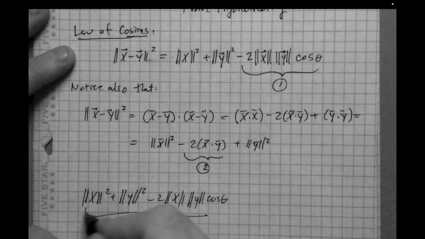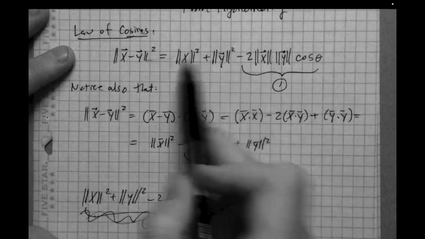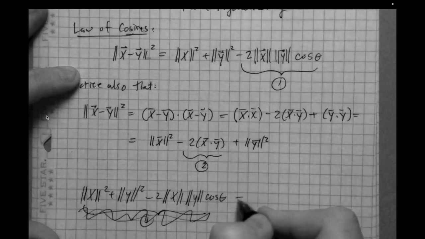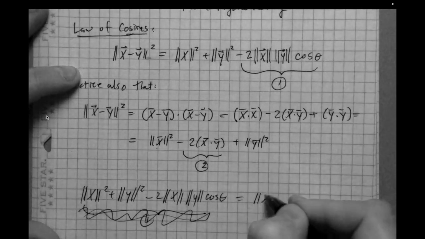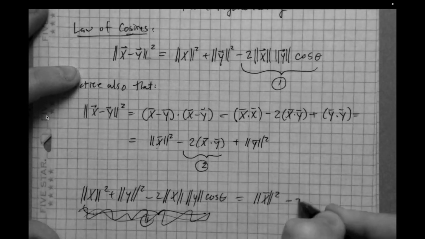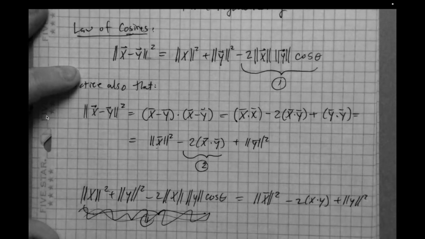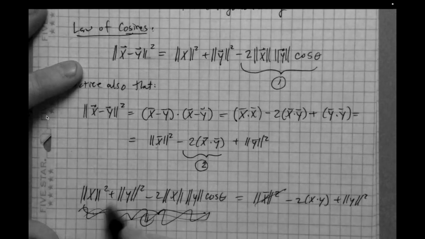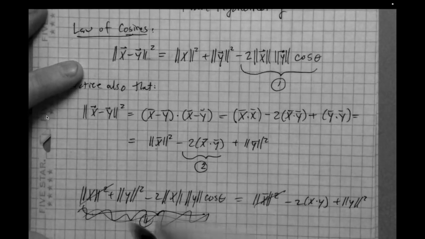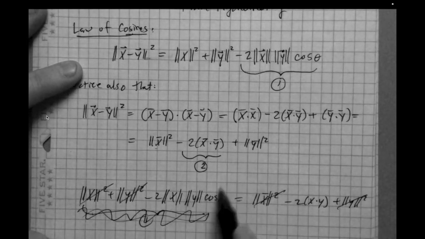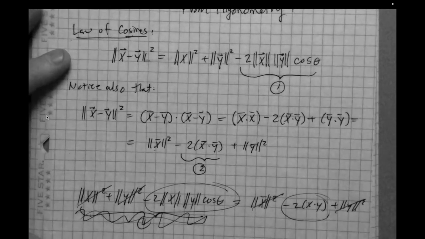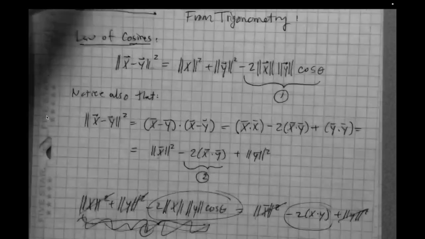Well, sorry. Scratch that. This is the whole expression here. That's going to be equal to this. Okay, so I've got this and this, and I've got that and that, and so here's your 1, here's your 2, they're equal, right?